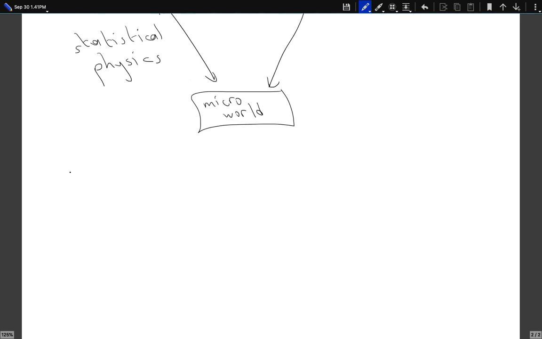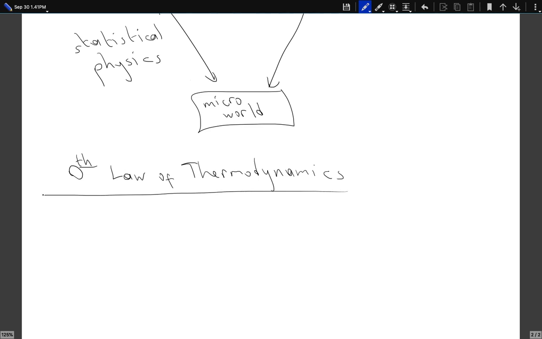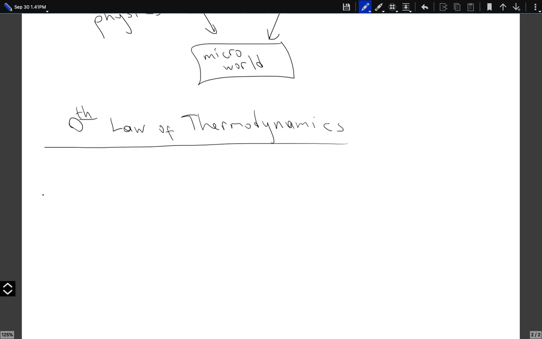Okay, so let's start with the zeroth law. Have you heard of the zeroth law of thermodynamics? Does anybody know what the zeroth law is? Well, basically this was discovered after the third law, but it's more fundamental than the three laws. So that's why people just called it the zeroth law.